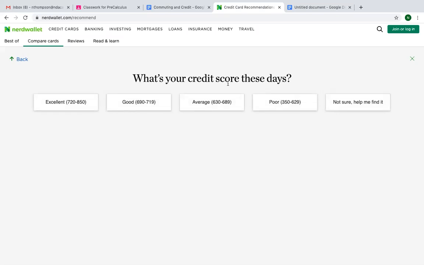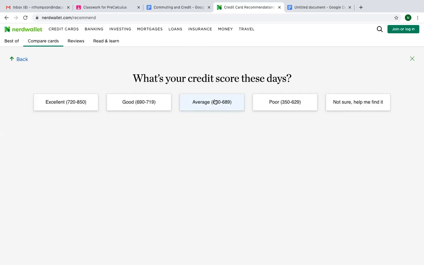Now, most of you probably don't know what your credit score is. And when you start out, you normally start in this average range. You really start with no credit, but people don't let you start with no credit. You'll get denied from a lot of credit cards your first time because you don't actually have credit.